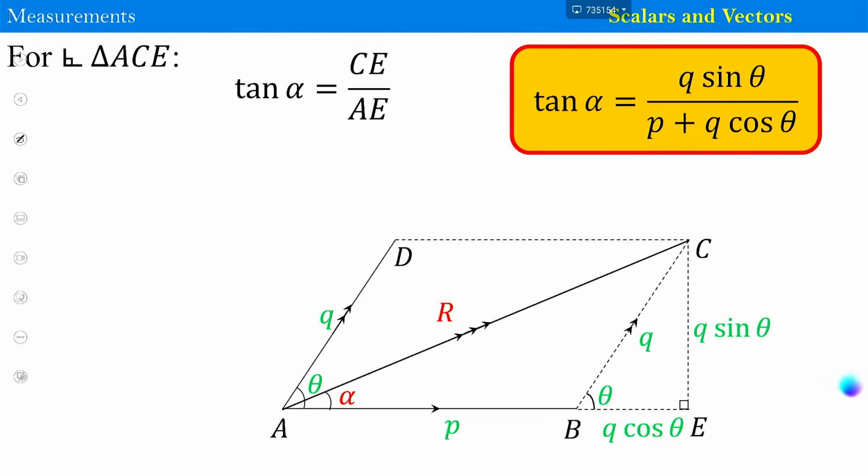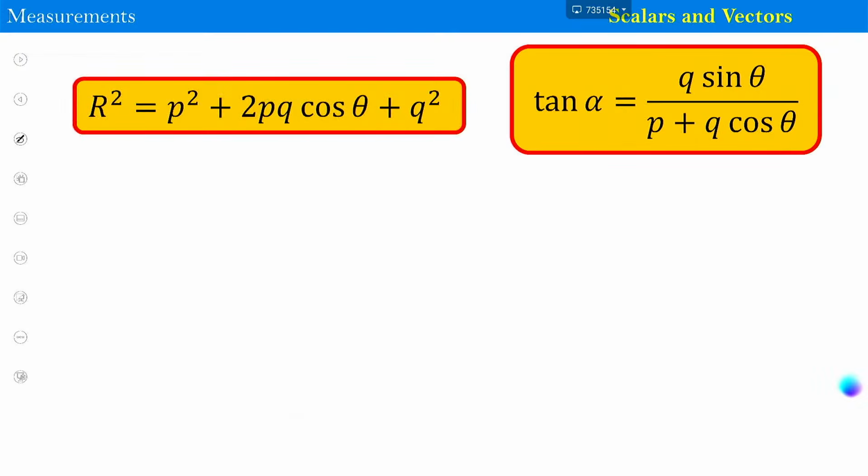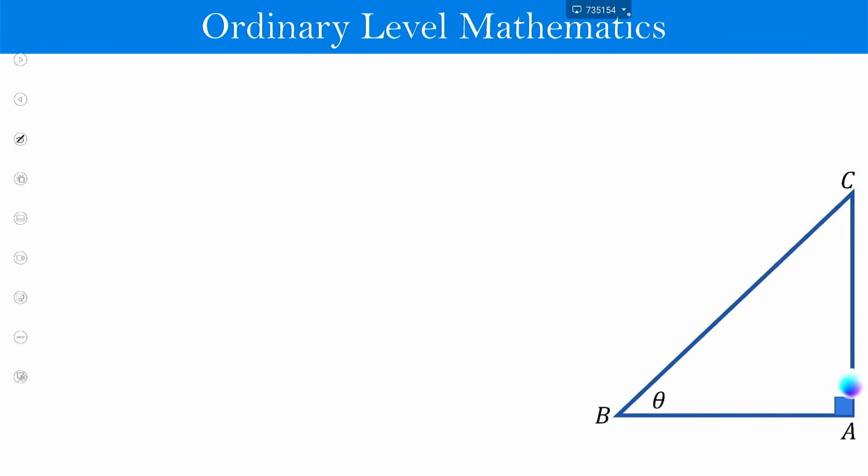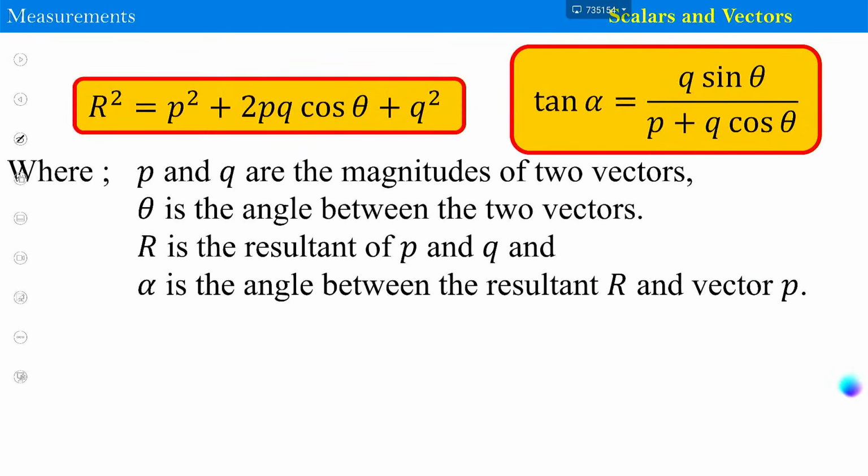Tan alpha equals Q sine theta over P plus Q cos theta. Again, you don't have to measure this using a protractor. You can use the formula and find the alpha value using maths. So we have two equations. Slowly go through them and ask any doubts you want to clarify. I'll explain again. You can drop the question in the chat.